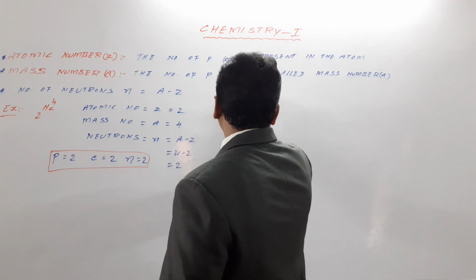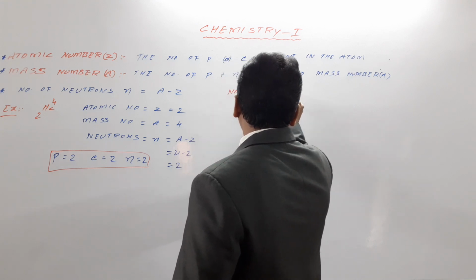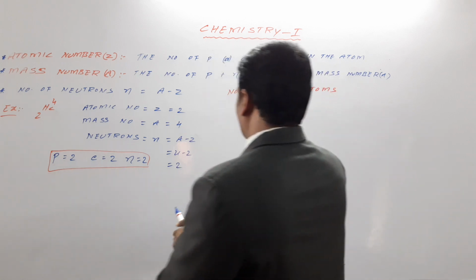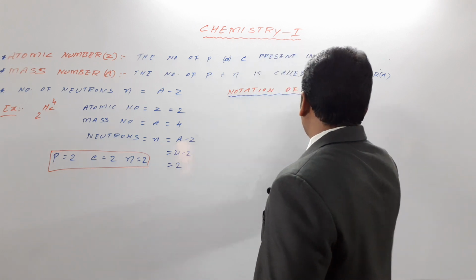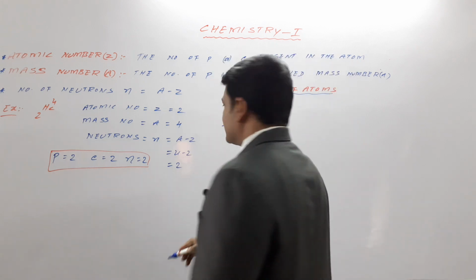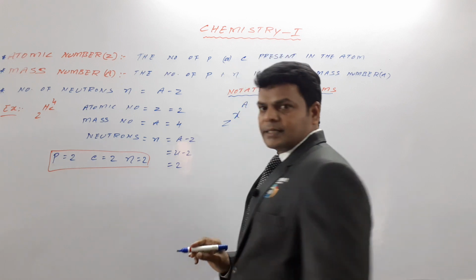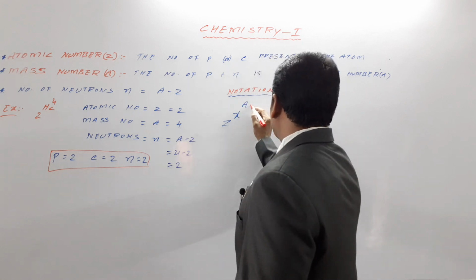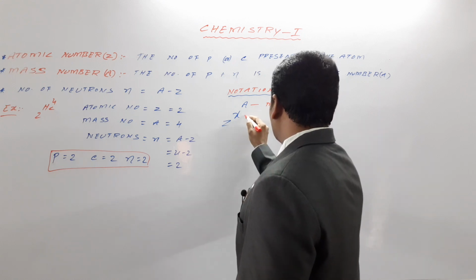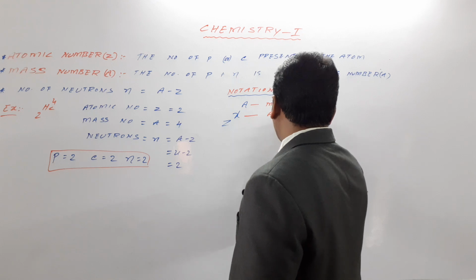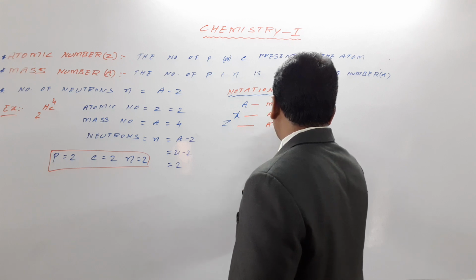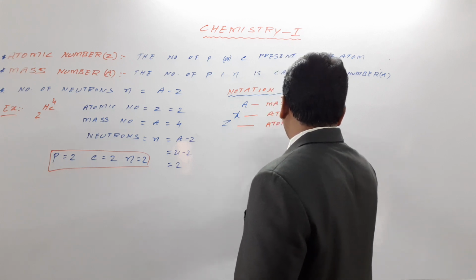Notation of atoms. See here, X is an atom, Z is its atomic number, and A is its mass number.